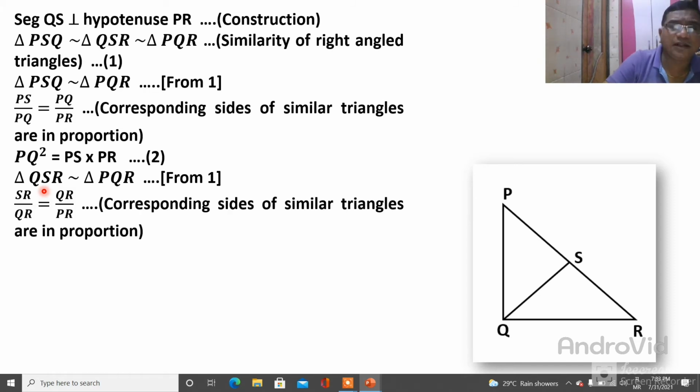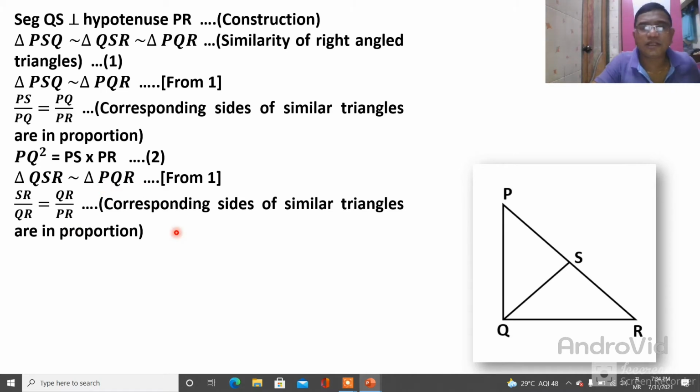We write the corresponding sides: SR upon QR is equal to QR upon PR. The first correspondence is SR upon QR, then QR upon PR.